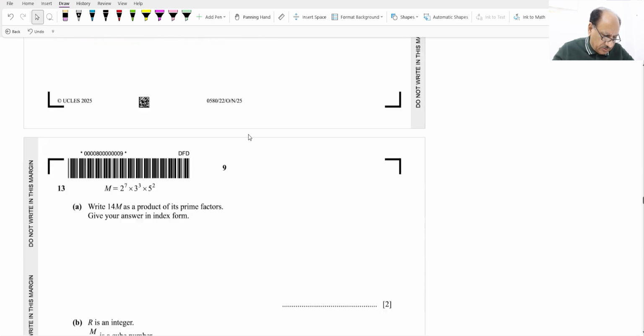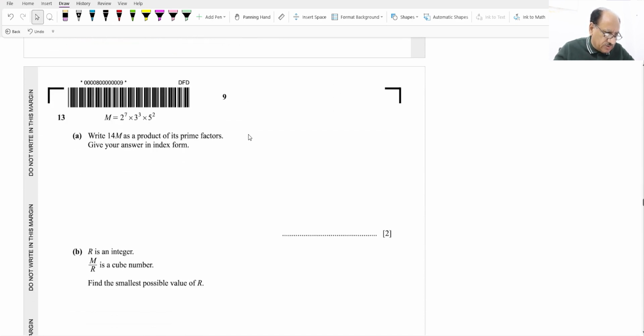Hopefully you understand this. Now here comes question number 13, and question number 13 says m is equal to this one. Write 14m as a product of its prime factors. Give your answer in index form. So m we can copy as it is, 2 raised to 7 into 3 raised to 3 into 5 square.